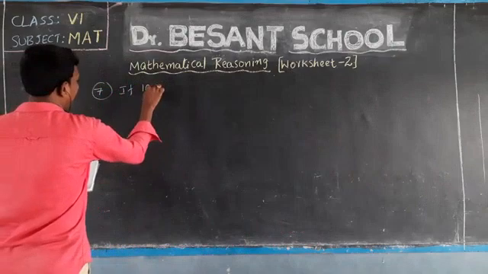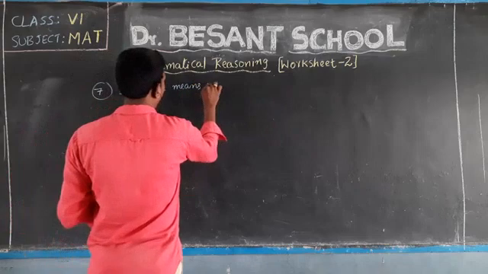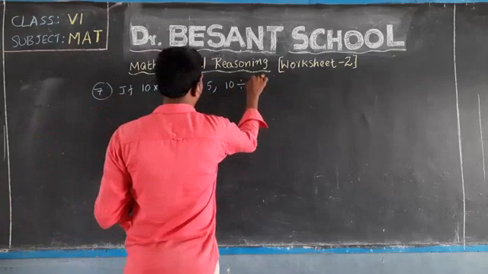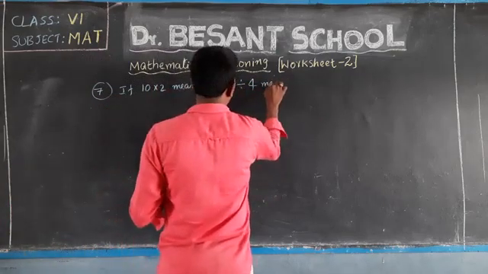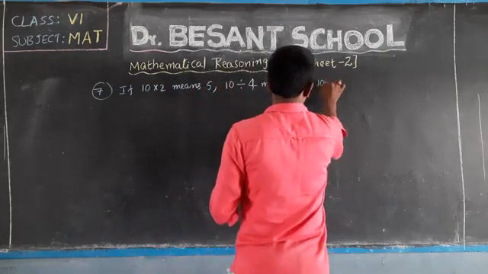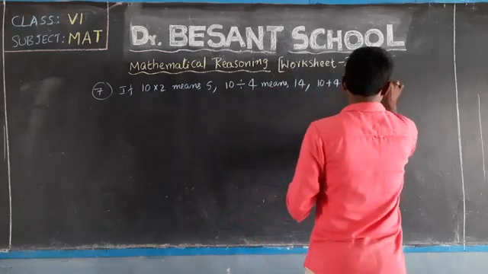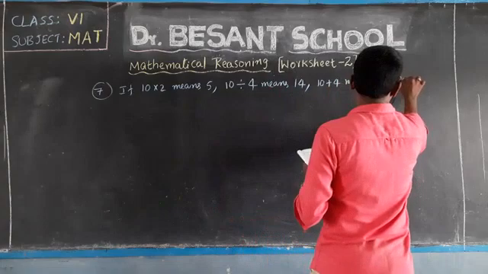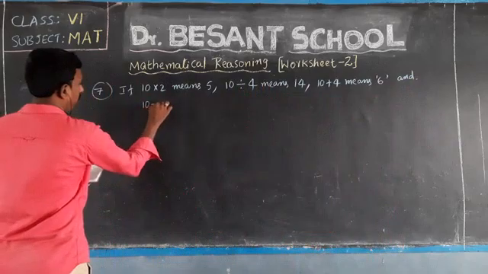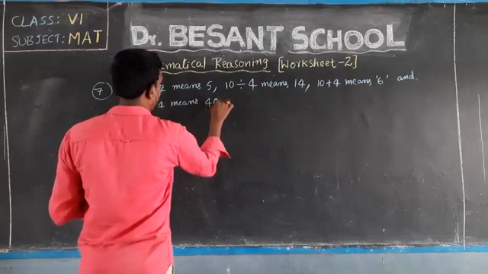What is the question? See here: if 10 into 2 means 5, similarly 10 divided by 4 means 14, similarly 10 plus 4 means 6, and finally 10 minus 4 means 40.